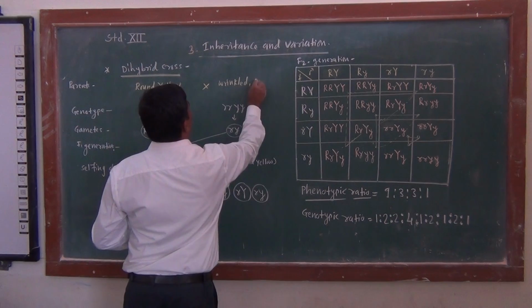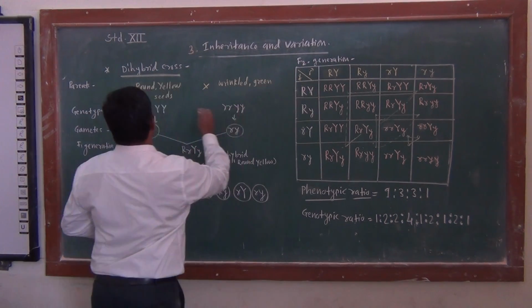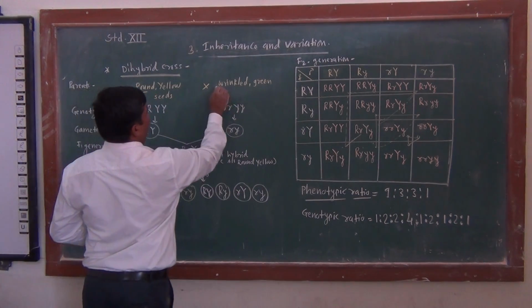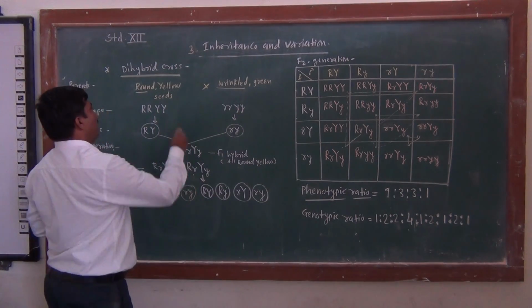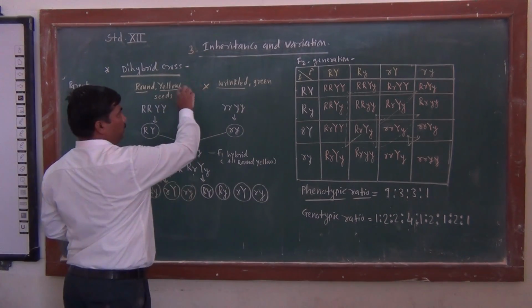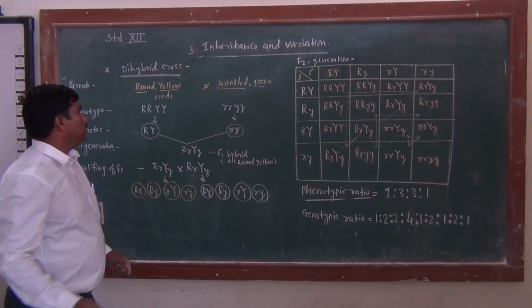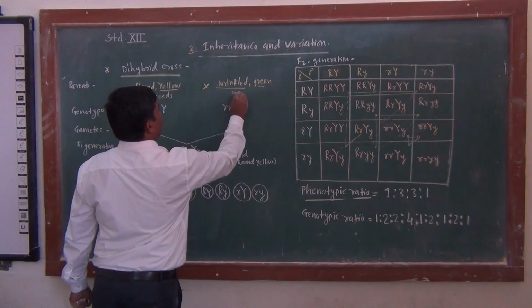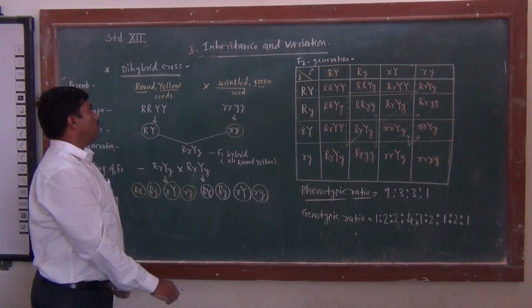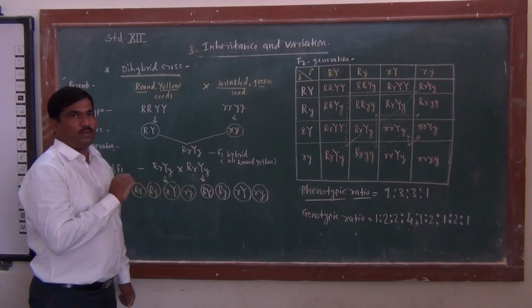Here round is dominant over wrinkled, and yellow seed color is dominant over green. So these two plants are homozygous, or pure, for the characters.